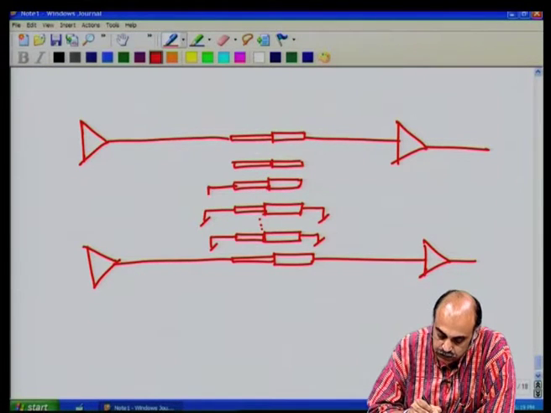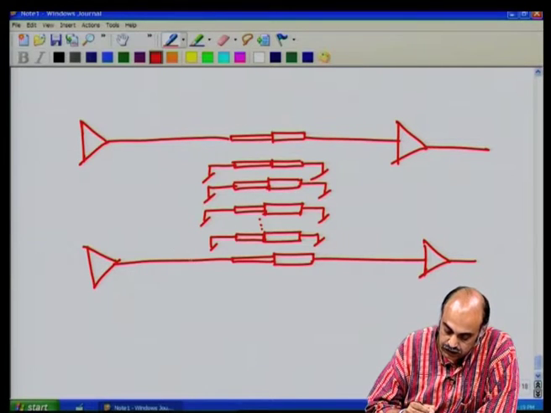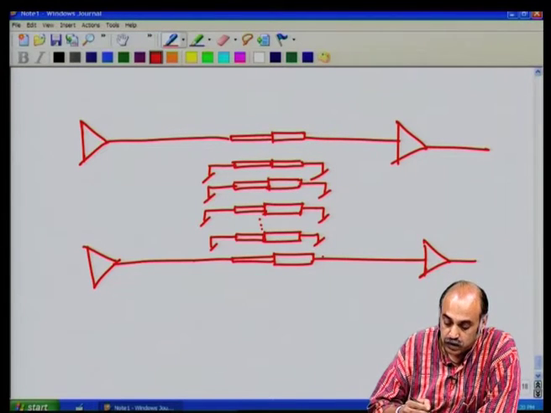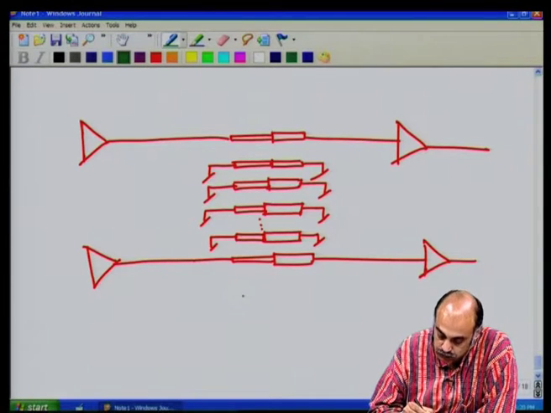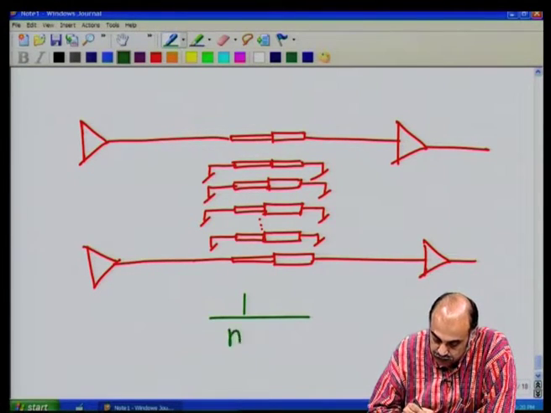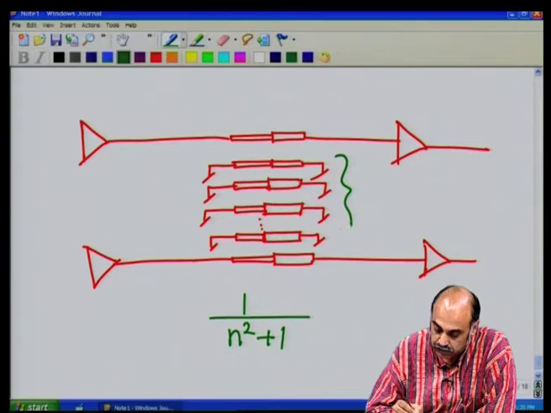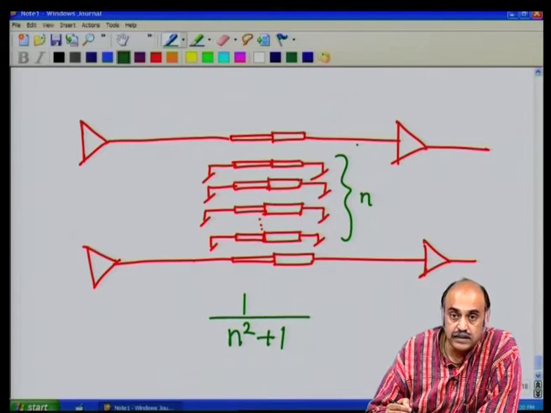So, on both sides you have grounds like this. Now, this will increase the impedance between these two lines, and as a result the crosstalk between these two lines will come down drastically, by a factor of 1 by n square plus 1, where n is the number of ground lines which you have interposed in between the two signal lines that matter.